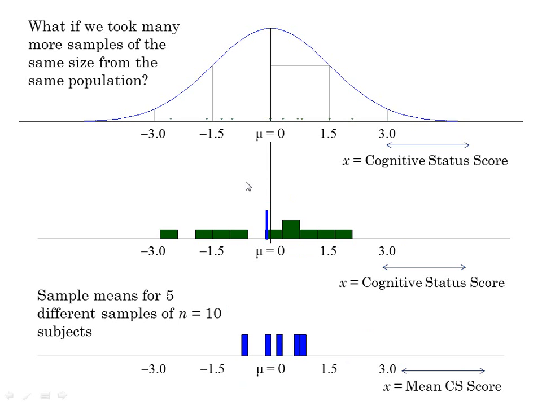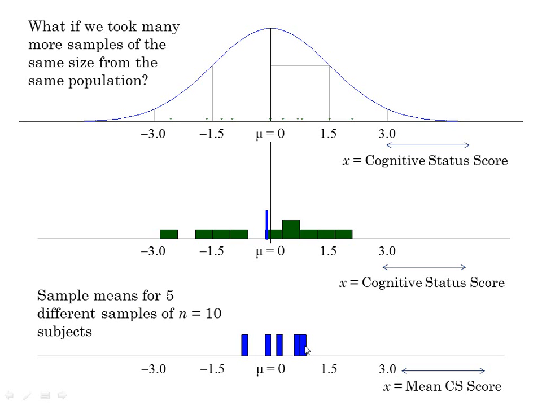Here's a different sample, someone else's sample. In between the last slide and this slide, I actually took a couple more samples and dropped their means down. So now I've achieved 5 different experiments with 10 subjects. I've computed the sample mean, and I'm creating a histogram for each of the 5 samples.